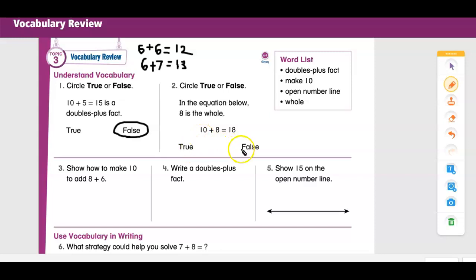True or false? In our equation on number 2, 10 plus 8 equals 18. Is 8 the whole of the equation? Is the statement that 8 is the whole true, or is it false?